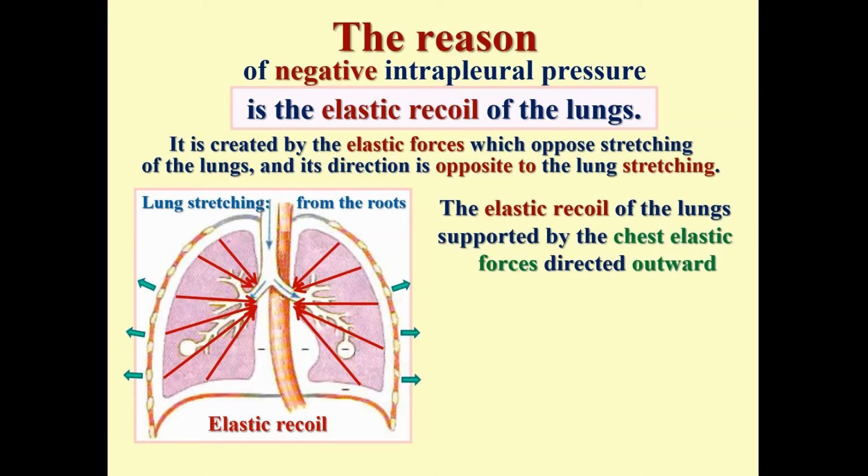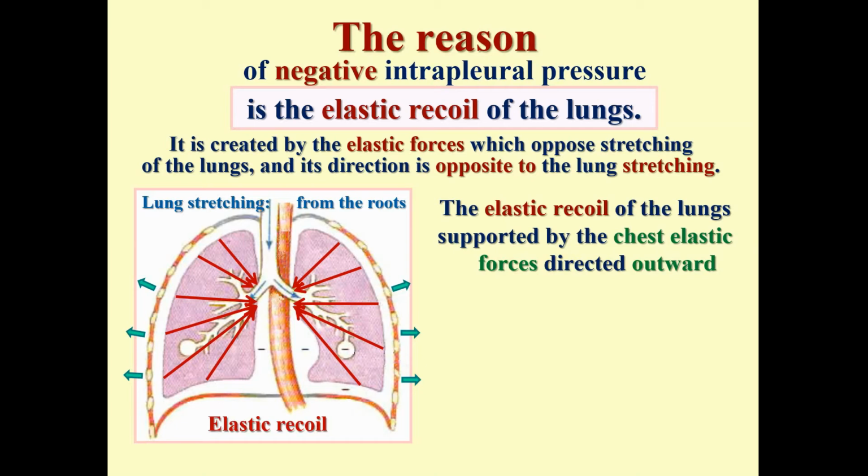Mostly we have the cross-section of the chest cavity in the horizontal plane, an oval. In reality, the rib cage tends to become more rounded. And you see, we have forces that are opposite. All these forces tend to enlarge the intrapleural space. Lungs attempt to collapse, and they pull the visceral pleura from the parietal.